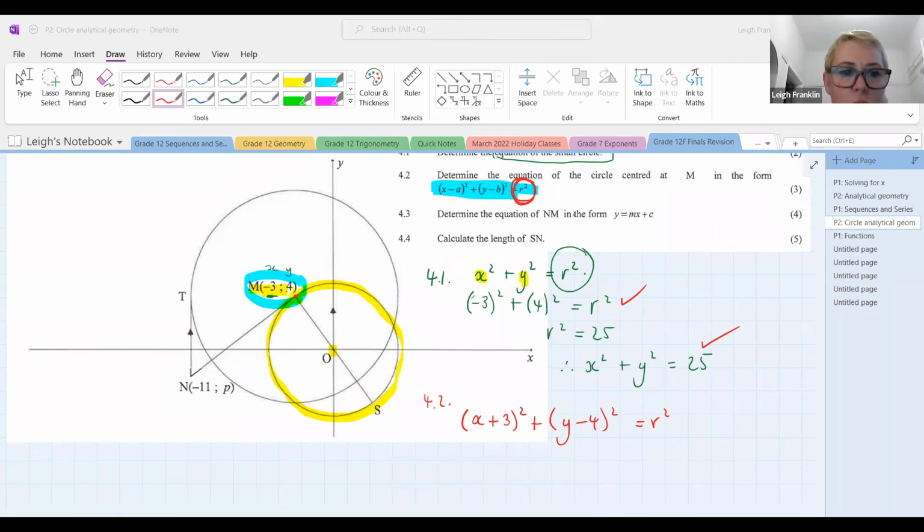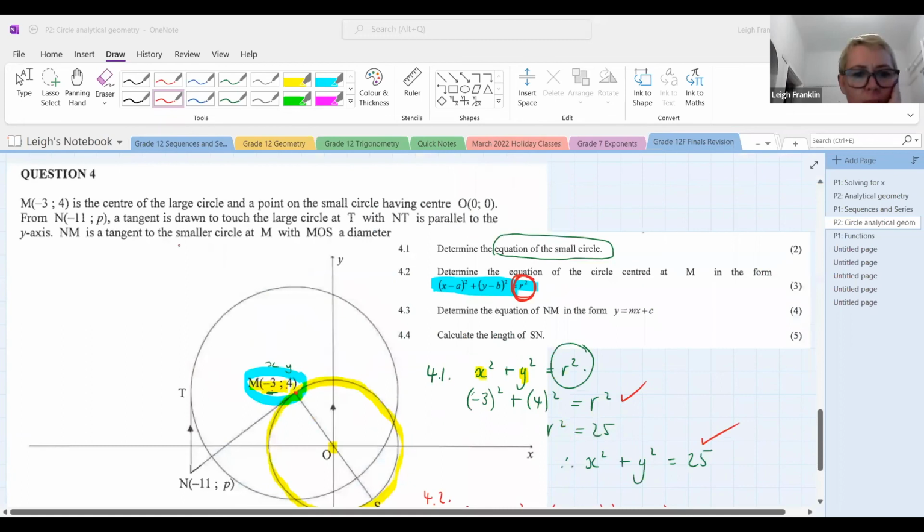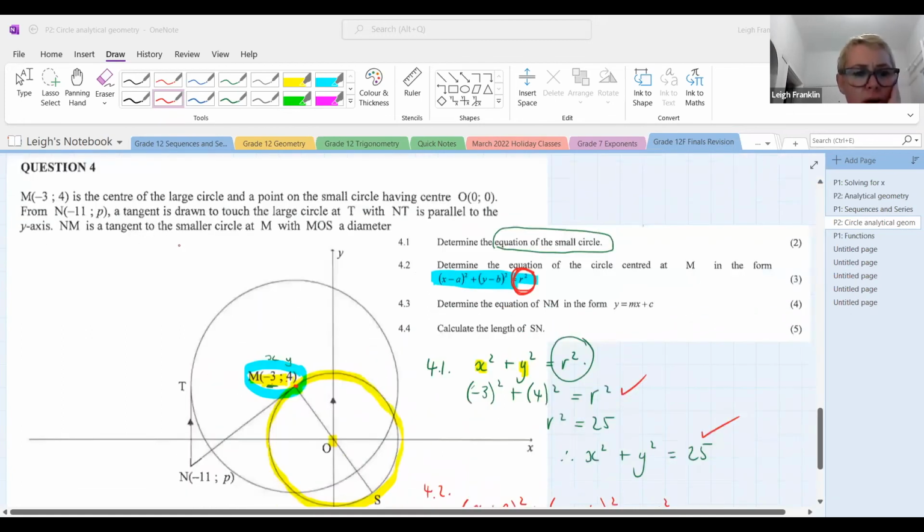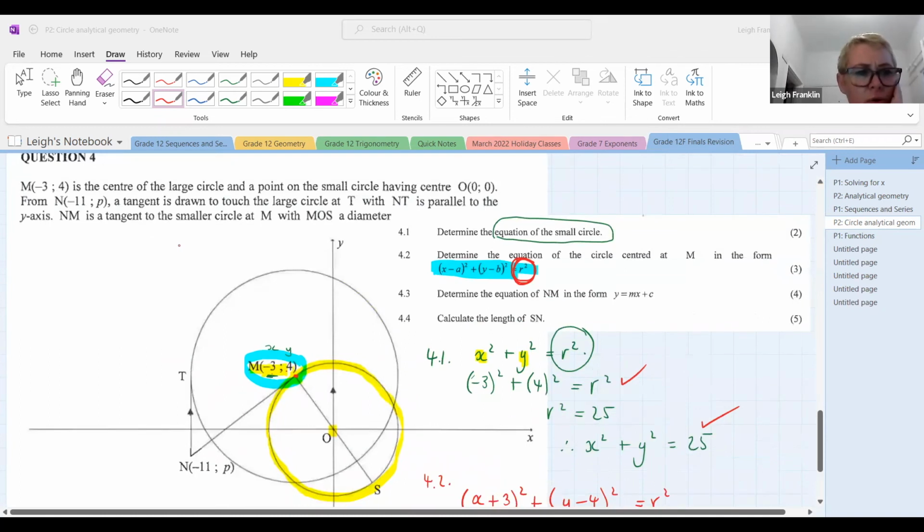Can we use the coordinates at T? Do we know anything about T? What have they told us up here? Center 0, 0. They've told us that NT is a tangent to the circle at T, with NT parallel to the y-axis.